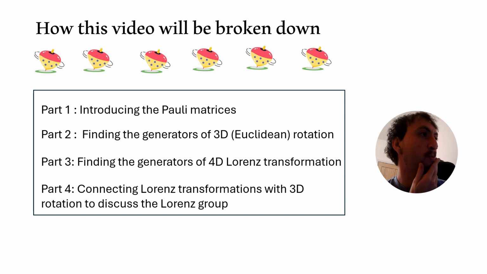So join me along for the ride, and I look forward to seeing where we'll end up. There will be a bit of maths, and a chance for you to derive something in this video. So if you want, I would recommend having pen and paper at hand. Otherwise, just follow along as we journey together to really understand what spin fundamentally is.